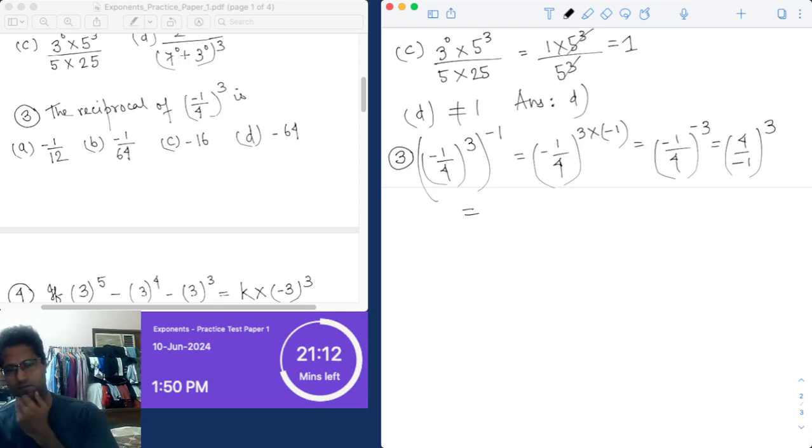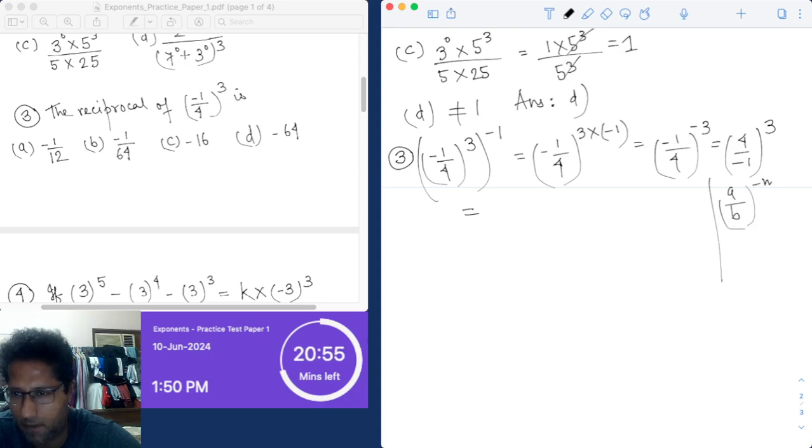I'm sorry that I will not explain which concepts I am applying, because time is less. So (-1/4)^(-3), anyway I am trying my best. We know that (A/B)^(-m) equals (B/A)^m.